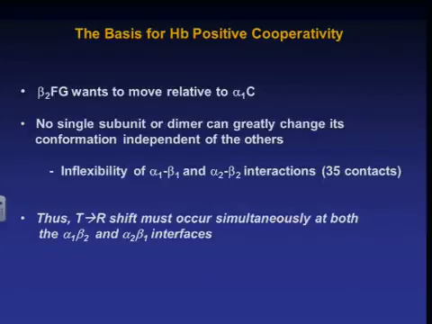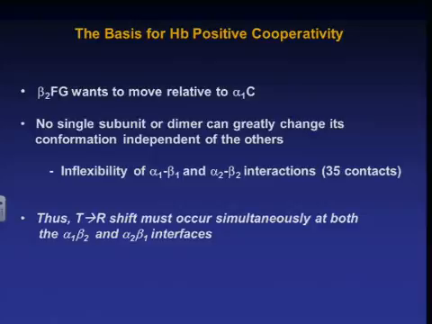So if we've got inflexibility in alpha 1, beta 1, alpha 2, beta 2, then if you get binding of oxygen on one heme and it's saying, I want to move my FG corner relative to a C helix to alleviate that strain, if I'm going to do it over here, that subunit can't move independently of who it's linked to. So then that has to move, and as a result, you're either going to get all or nothing, right? Either everybody's going to move or nobody's going to move.